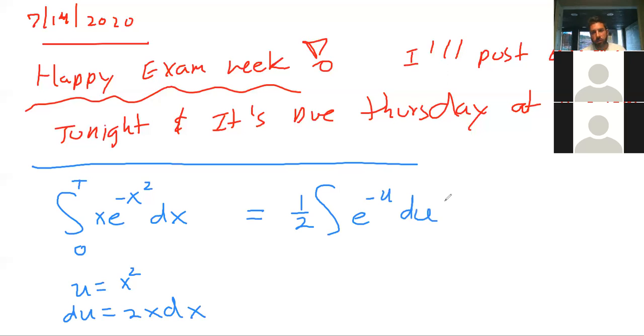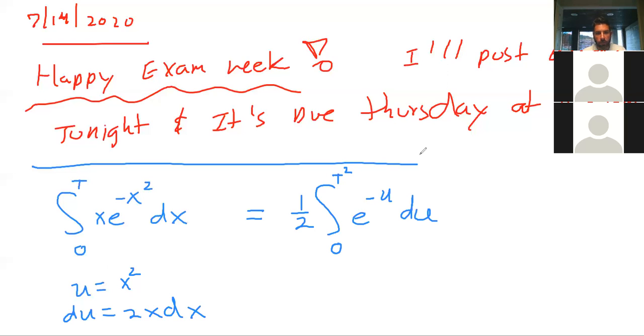So if you do a substitution, you get this integral. Now your bounds: if x is 0, then u is still 0. But if x is t, then your upper bound becomes t squared. Does that make sense? Yeah.